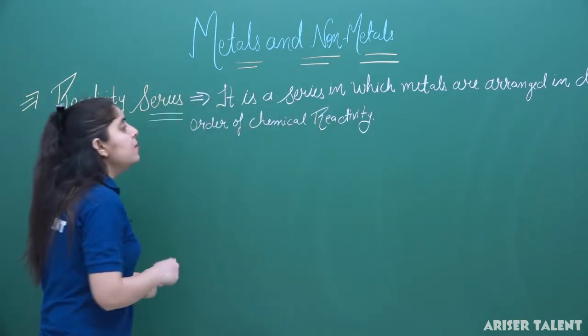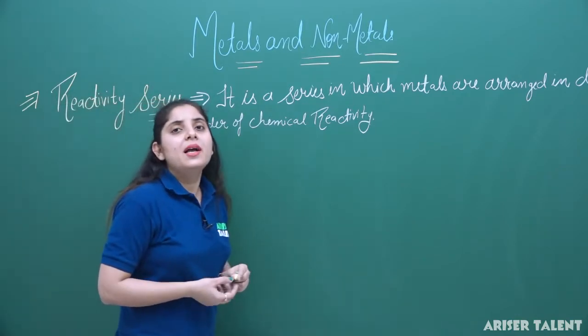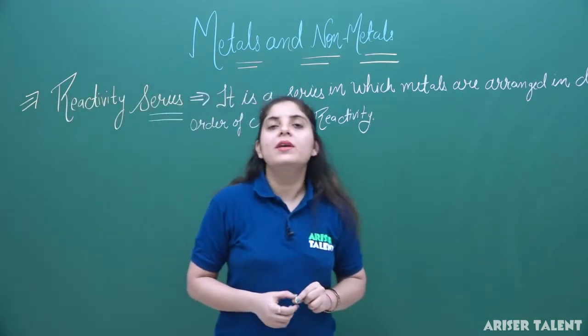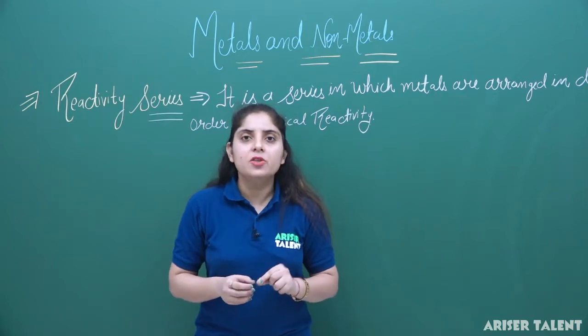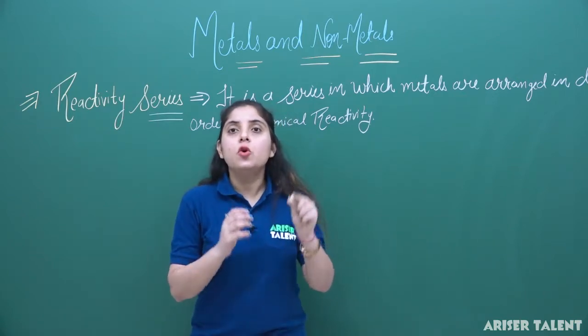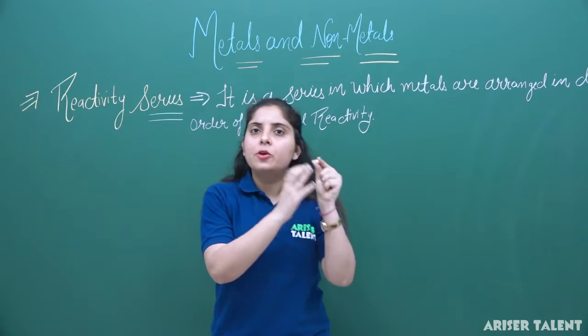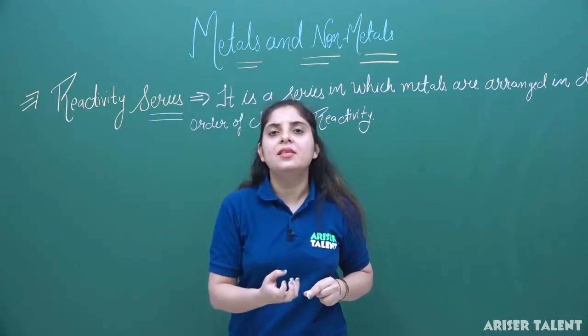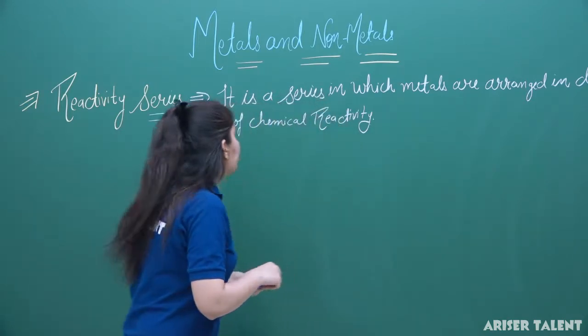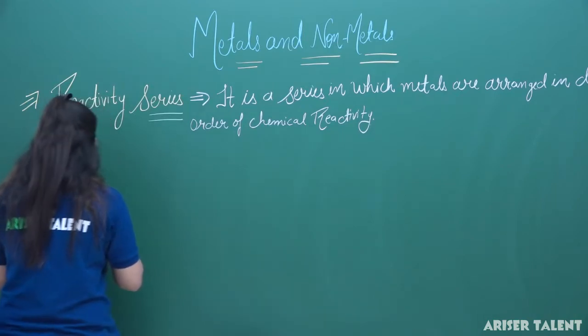What happens if an atom or element has a tendency to lose electrons? We can say that this type of element is known as an electropositive element. So the topmost element is electropositive because it has a tendency to lose electrons. What are electropositive elements?